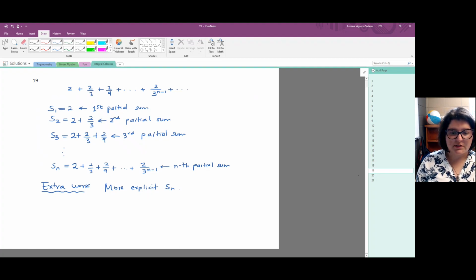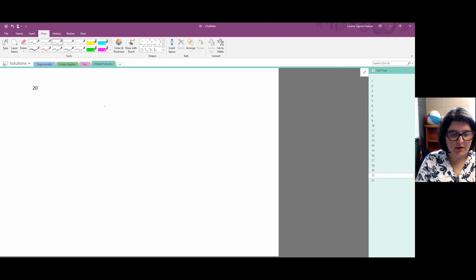To find a more explicit Sn, we do the following. We say that we have Sn equals 2 plus 2/3 plus 2/9, and we continue like that until 2 over 3 to the n minus 1.